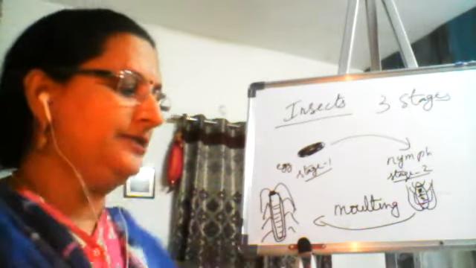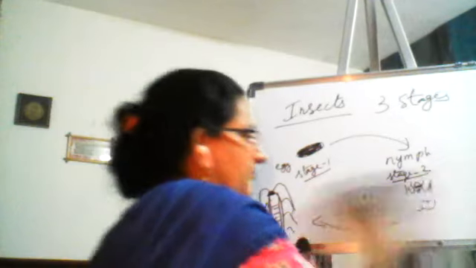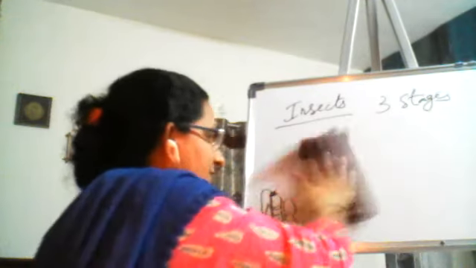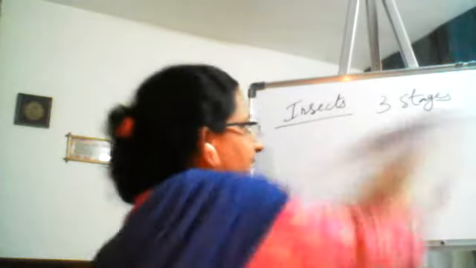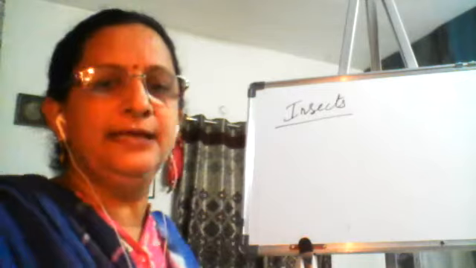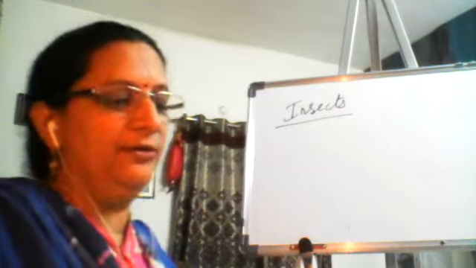So what is the next topic after the cockroach? Cockroach is an insect where we have the life cycle with 3 stages. Now we are going to learn about the insects that have 4 stages in their life cycle.